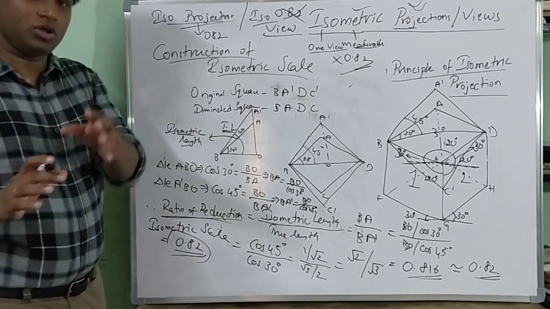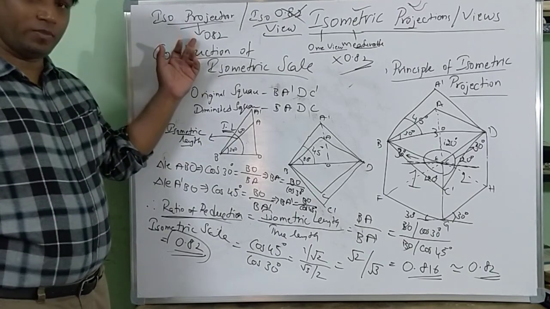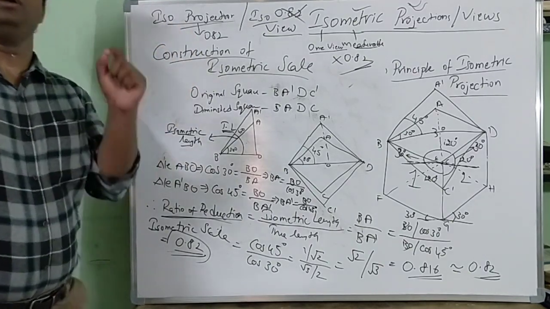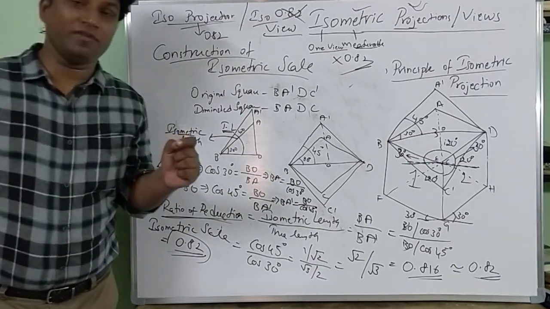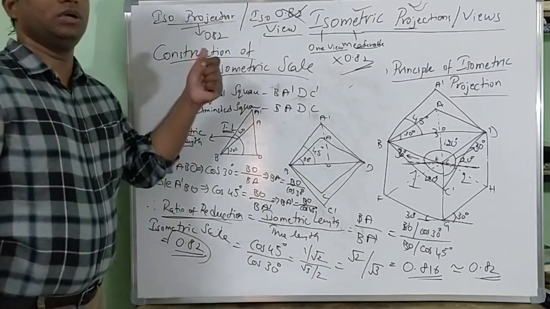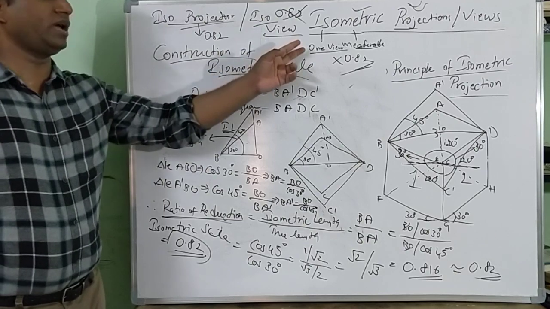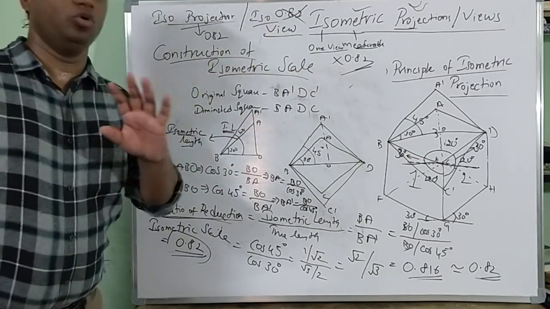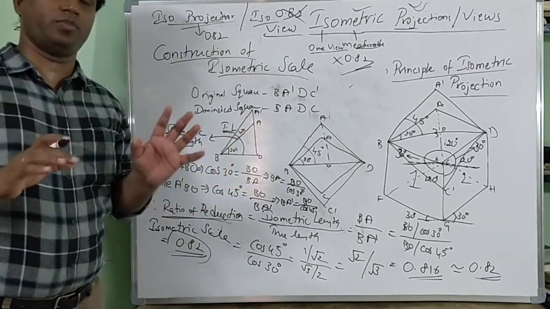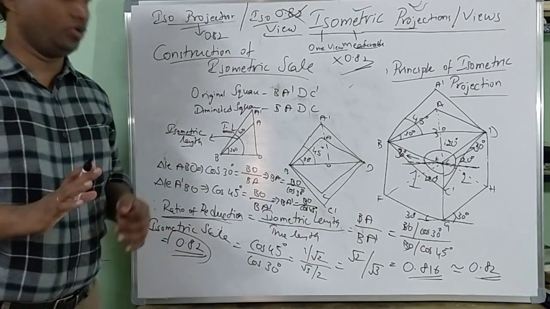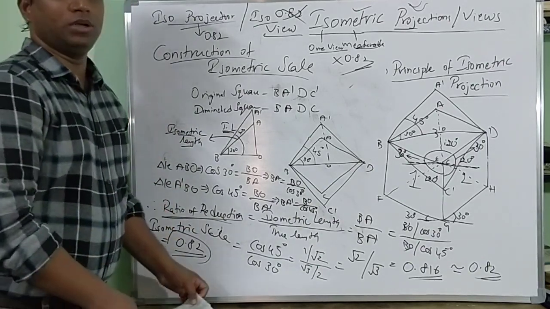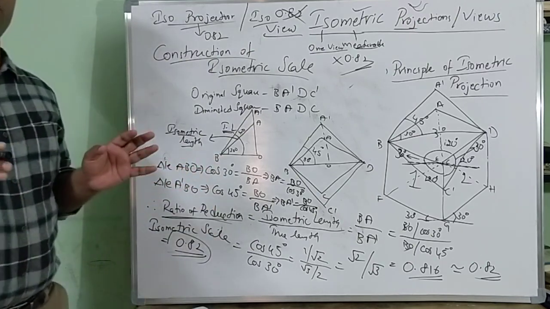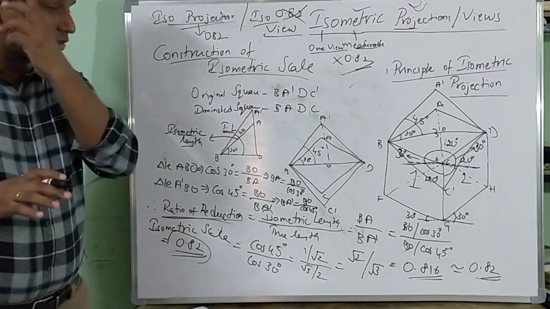But for now, remember that isometric projection drawings have to be multiplied with the isometric scale value of 0.82, whereas for isometric views there is no need to multiply with 0.82; we can directly draw the original length. That is all for the introduction part of the fourth unit.